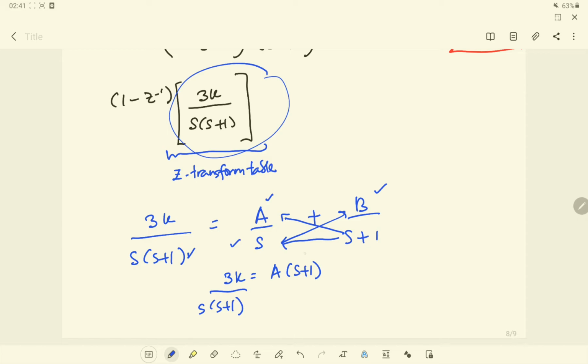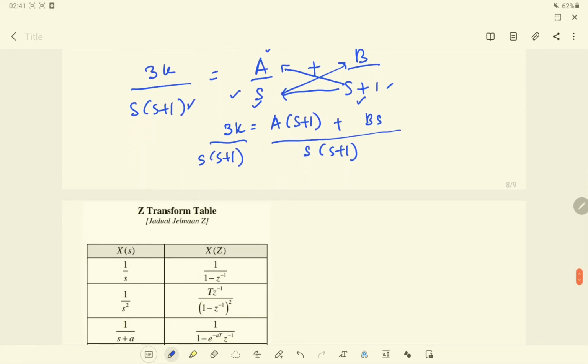We multiply by s and s plus 1, so we get A times (s plus 1) plus B times s.